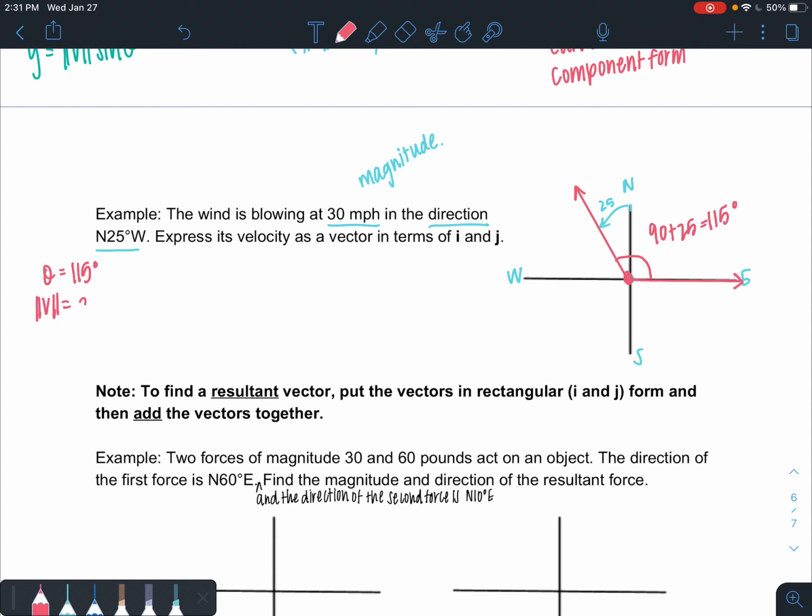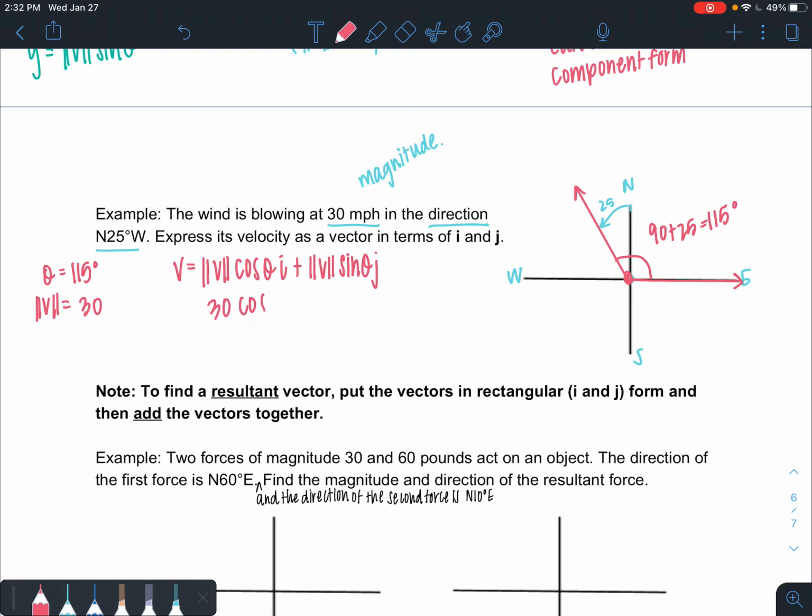Our magnitude given is 30, so I'm just going to plug and chug into this equation: magnitude of v cosine theta i plus magnitude of v sine theta j.